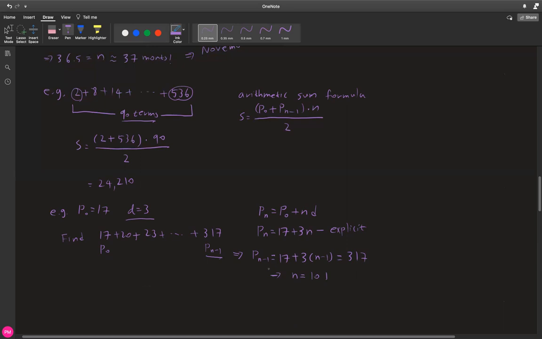So what does that mean? So you find that n equals 101. This means that the entire sequence has 101 terms.